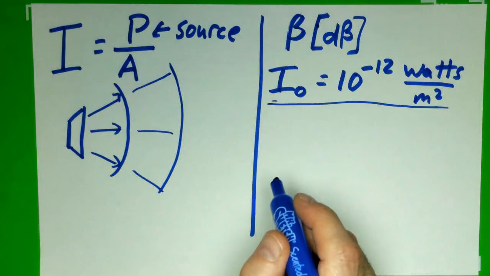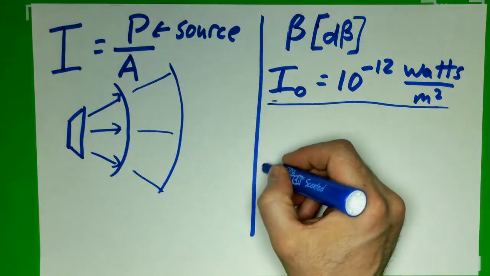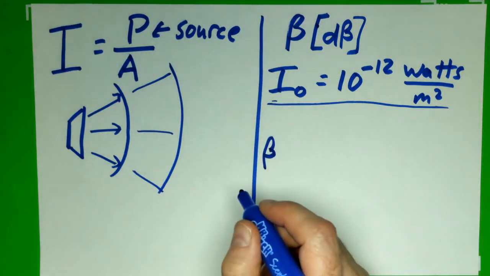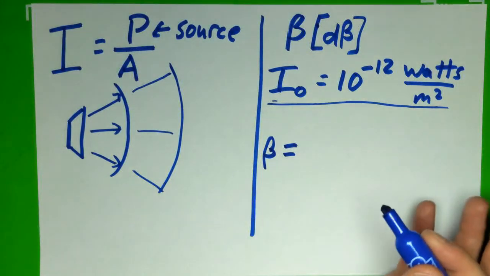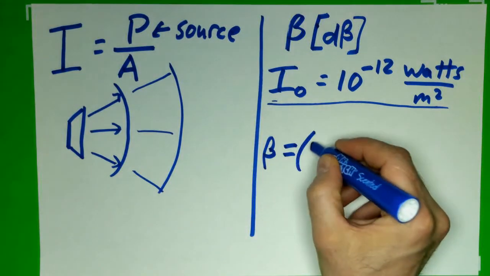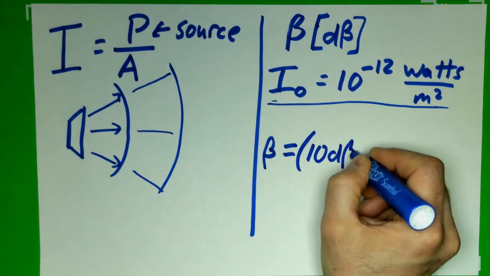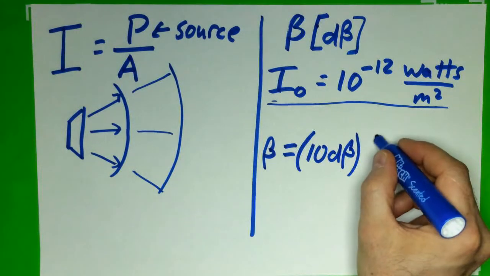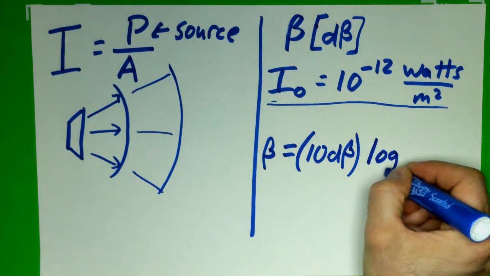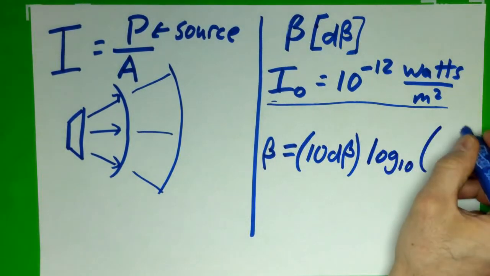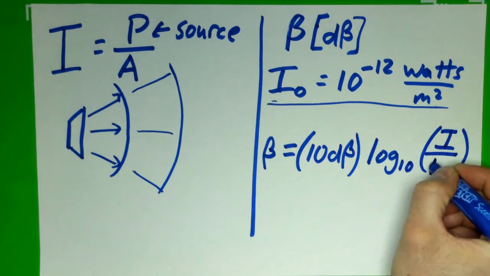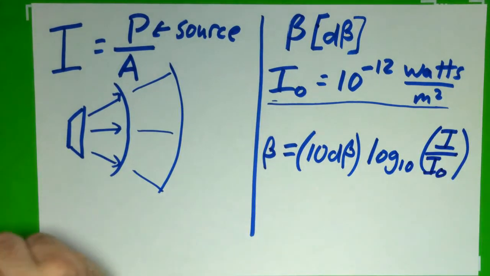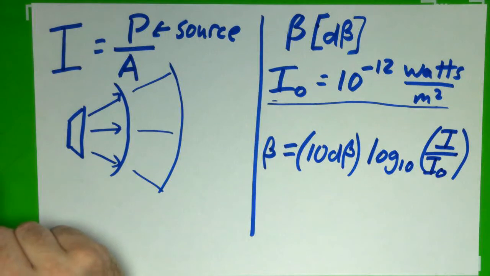And the way we do it is through what appears at first hand to be a really convoluted way of doing it. We say that the sound level of some sound is equal to 10 decibels times the base 10 logarithm of the ratio of the intensity of that sound relative to the threshold of hearing. Now that just looks crazy.